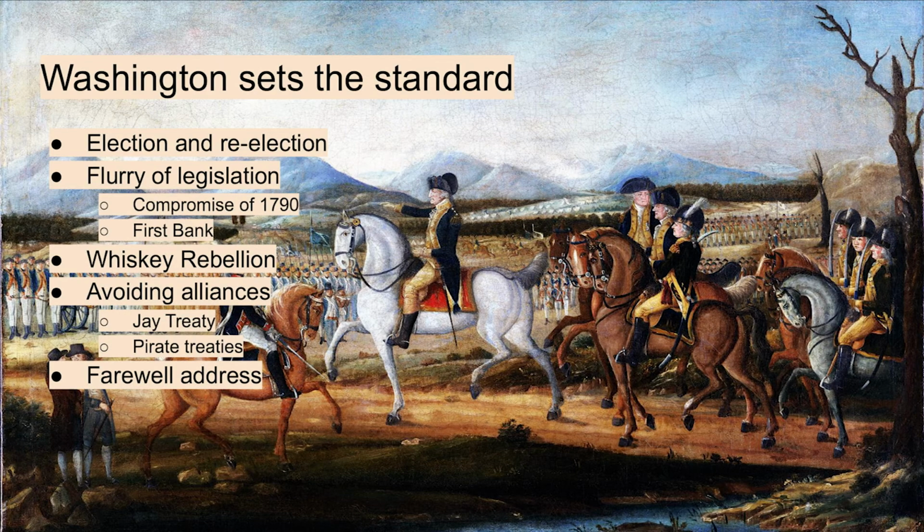There was, in 1789, the passage of tariffs and excise taxes. Now, an excise tax is basically all units of alcohol created are taxed in a certain way. It also says that alcohol has to be created in a particular way. It's in fact how many countries still run their distilling system.